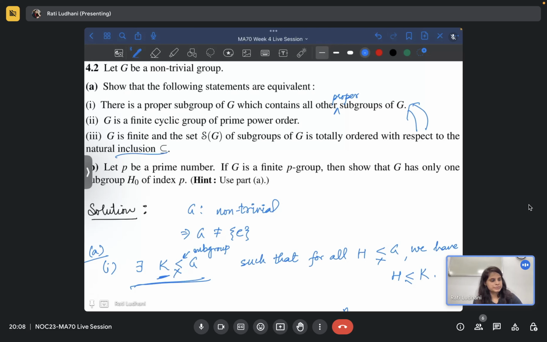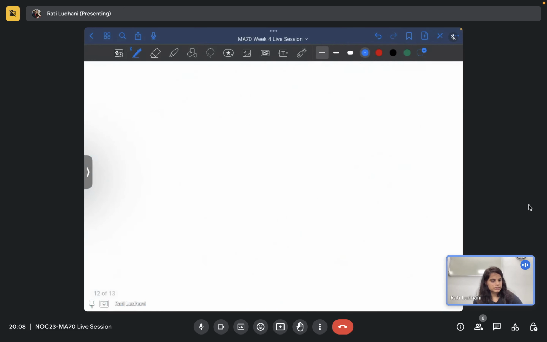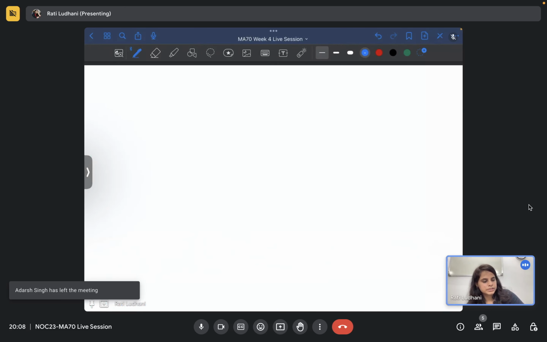The cycle we have made. Okay, so given there is some K where all the proper subgroups of G are subgroups of K, let's try to prove first implies second.